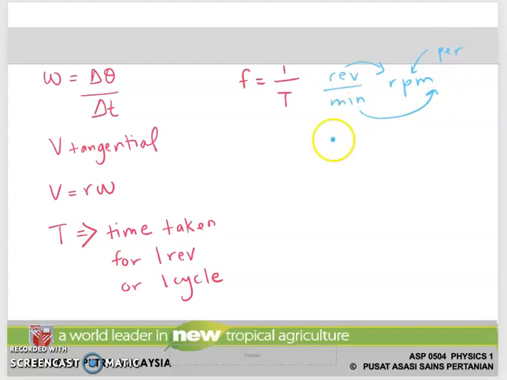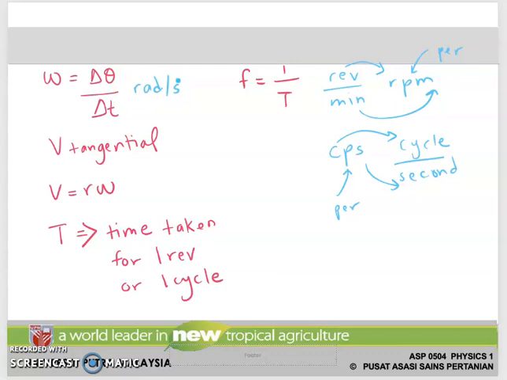Another unit for frequency is CPS, which is cycle per second. C is cycle, S is second, P is per. So those are the two units for frequency, and you have angular velocity with radians per second.